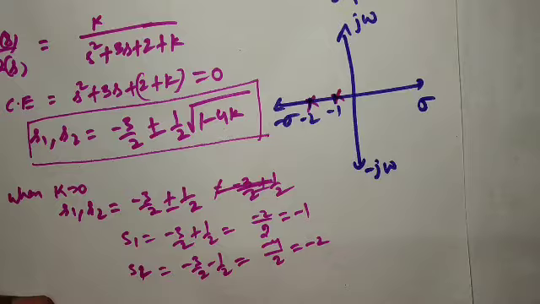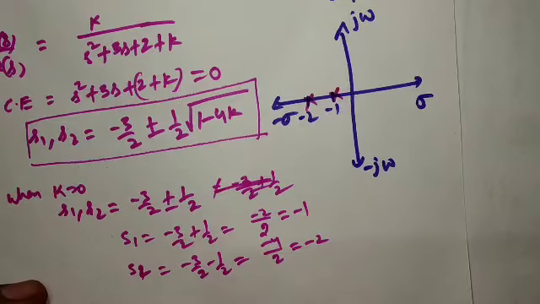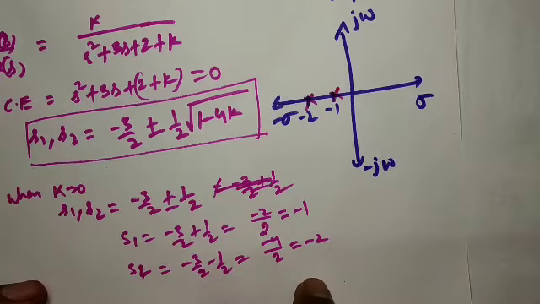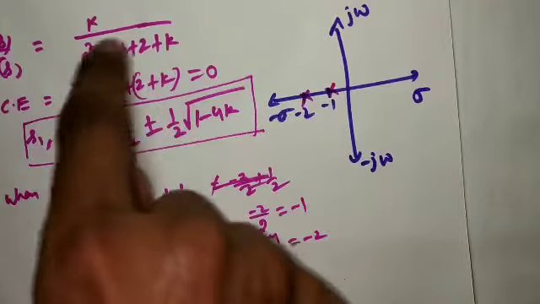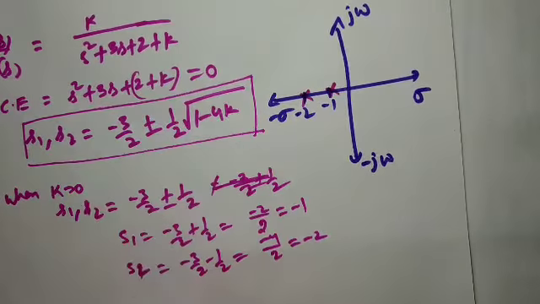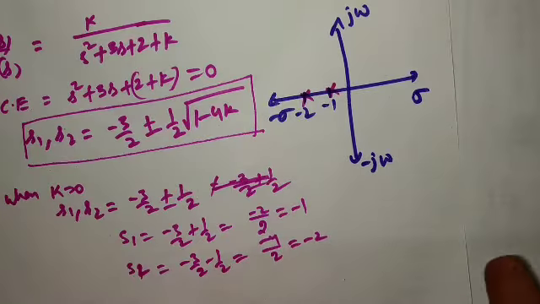Now the closed loop poles are the same as the open loop poles here. From the closed loop I have taken the characteristic equation. When K is equal to 0, the closed loop poles are the same as the open loop poles.